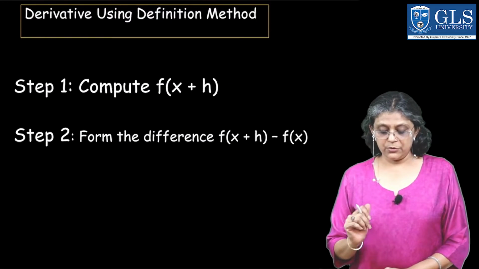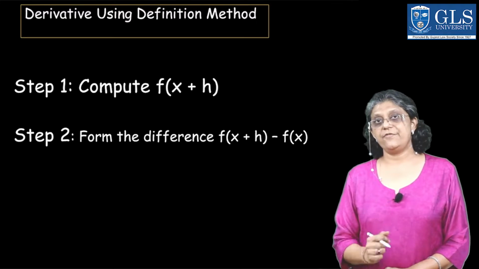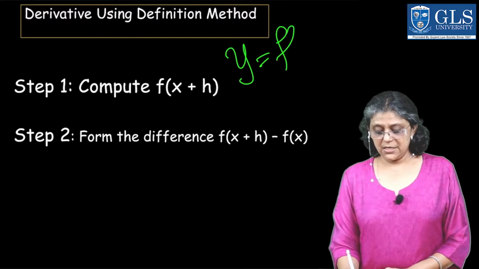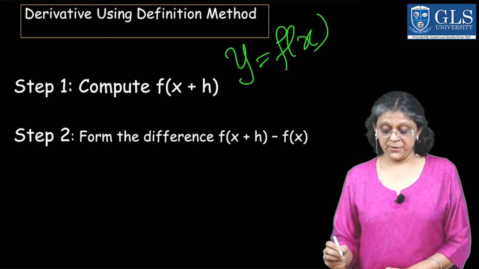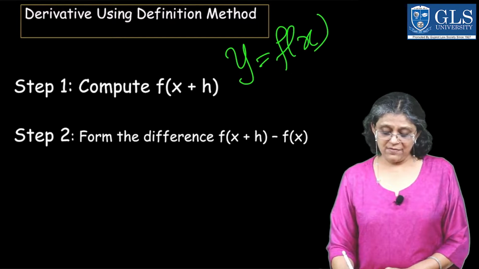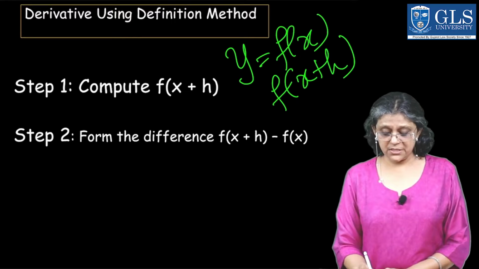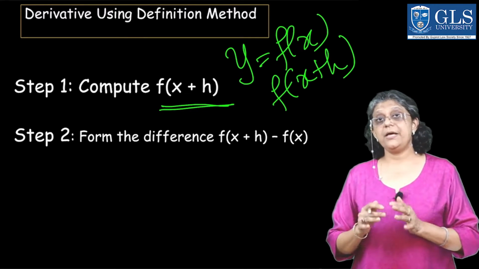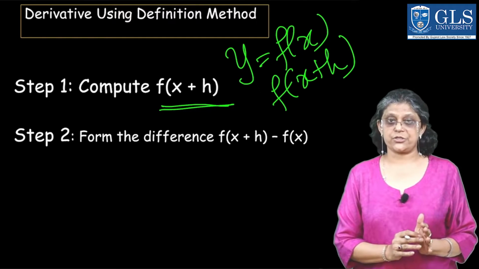Now we'll be doing the derivation using the definition method. My given function is y is equal to f of x. Now if my y value changes from f of x to f of x plus h, first I will replace the value of x with x plus h.